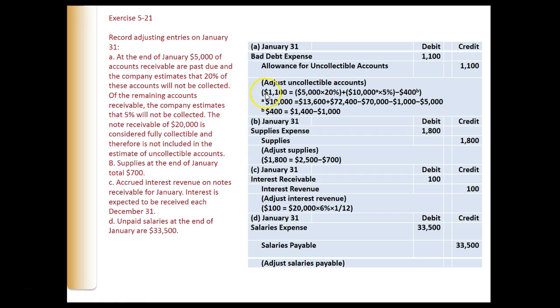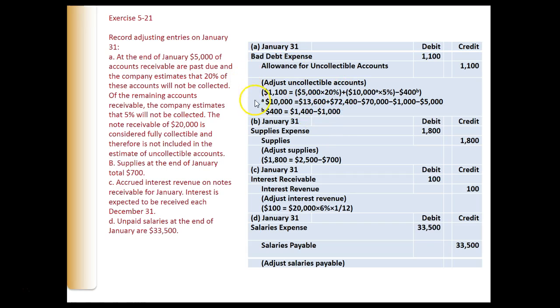Now to get that remaining, the $10,000 at 5%, you have to take the initial accounts receivable balance plus the sales minus the cash they collected on sales minus what was written off minus the amount that is expected to be collected to come up with that amount, and then the $400 remaining is, as you can see in the front, the 1,400 minus the 1,000.